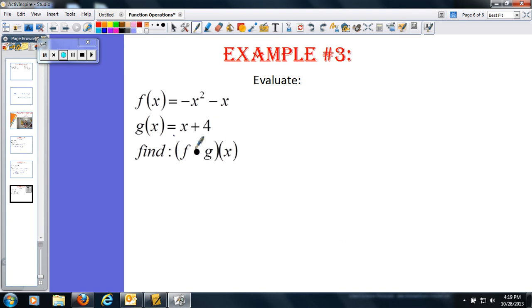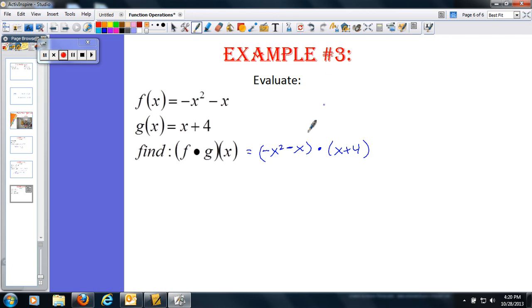Okay, and it's the same thing here. You've got f of x equals negative x squared minus x, and you've got g of x equals x plus 4. So what that means is you have negative x squared minus x times x plus 4. Now, there's a couple different ways we could do this.